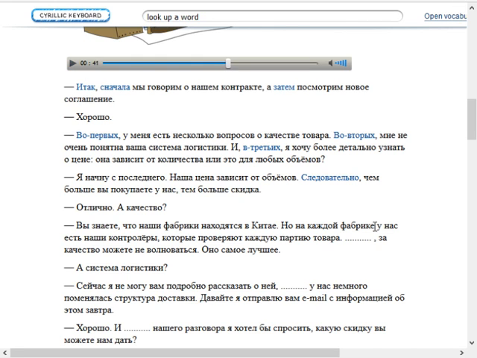But in every factory we have our controllers, or inspectors, who inspect every shipment of goods, or every batch of goods. Таким образом, за качество можете не волноваться, оно самое лучшее.